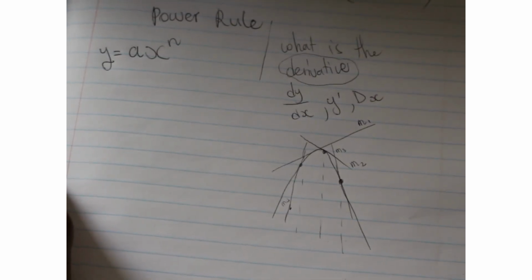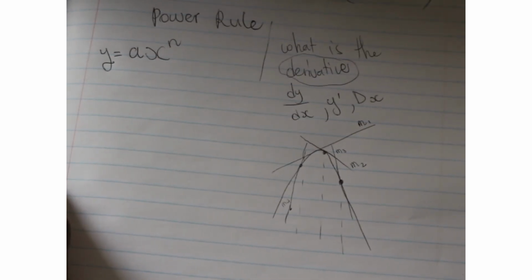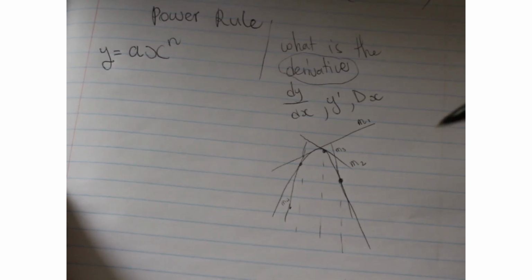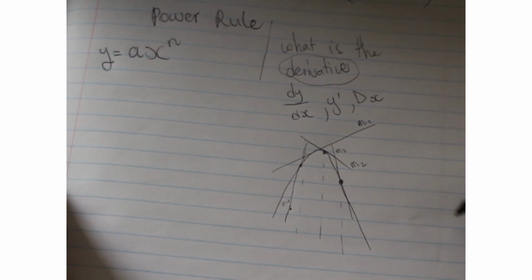And if we want to find the expression which represents the gradient of the tangent to our graph, in this case the parabola, which is a frown, then we need to find the first derivative, or the derivative. So how do we find the derivative?